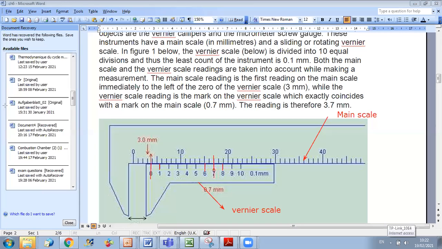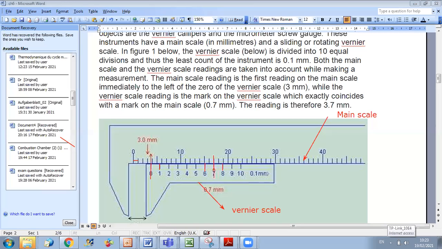Here, the smallest division on the main scale is 1 millimeter, and you are dividing this division into 10 parts, because in the Vernier scale I have 10 divisions.